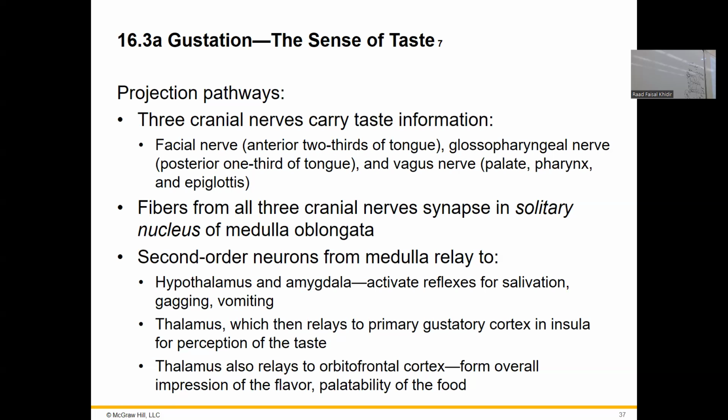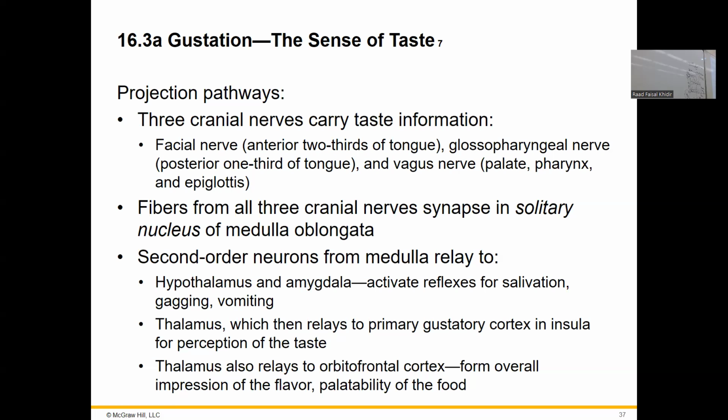So you see now where we're going to end. That's just for taste. So we're going to go to the solitary nucleus of the medulla. When we get to the medulla, that is where we integrate. Then the second order neurons. The first order neurons are the facial nerve, the glossopharyngeal nerve, and the vagus nerve.